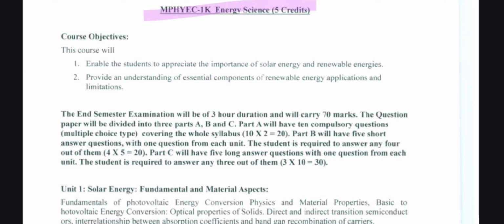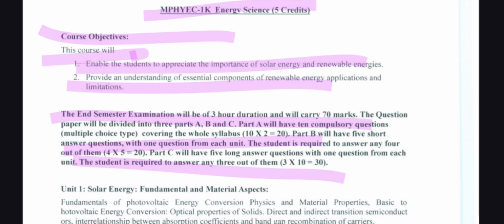Next, M.Sc. Physics K: Energy Science, credit 5. This course will have, you read this and come to the first unit, solar energy.